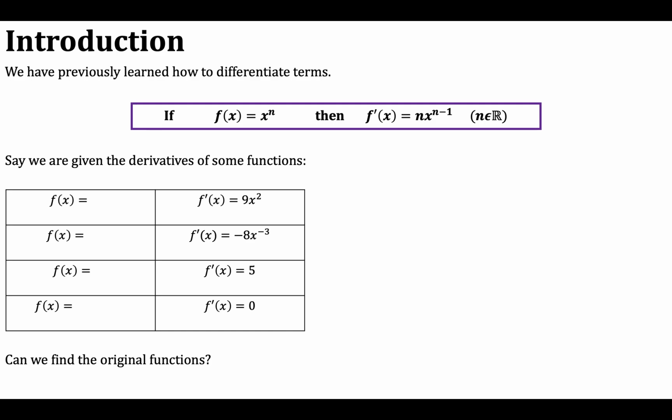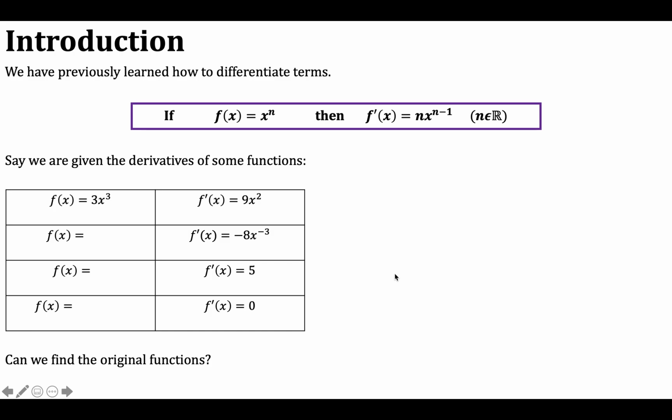Okay, welcome back folks. So hopefully you've managed to get a few answers here. If not, like I said, don't worry, we'll go over these. So the first one here, before it was differentiated, we would have had 3x cubed. And you can see here to differentiate it, we would have done 3 times 3 to give us the 9, and then we would have subtracted 1 from the exponent of the x cubed to give us x squared.